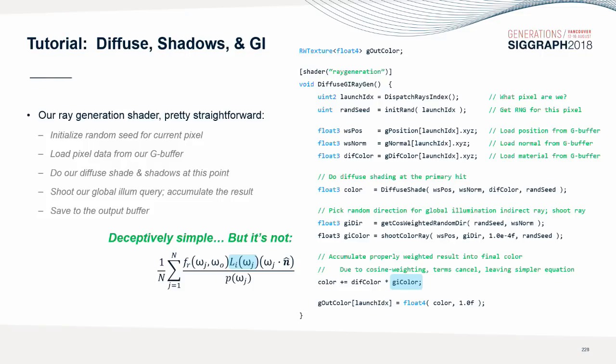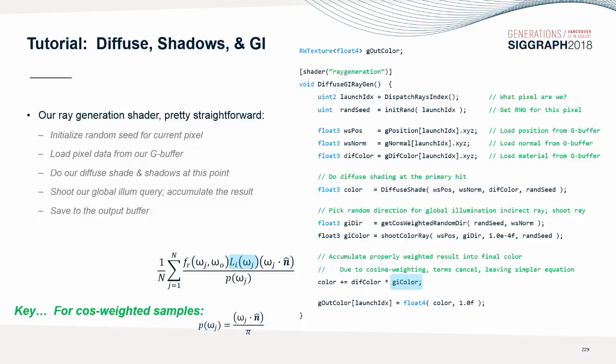So what's going on? The key thing that you may or may not know is that for cosine weighted samples, the probability is this. That allows us to cancel the n dot L, and then for our BRDF, we should be using pi times the normal BRDF. Physically based renderers are diffuse over pi, so the pi's cancel. And that's how we get this deceptively simple result.